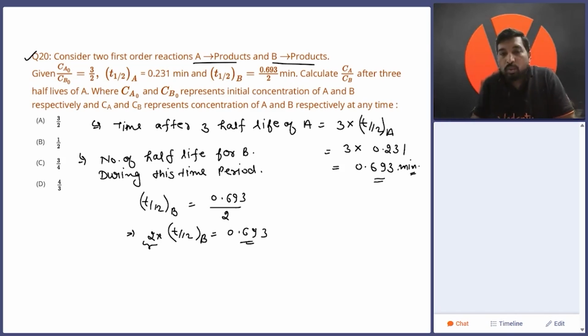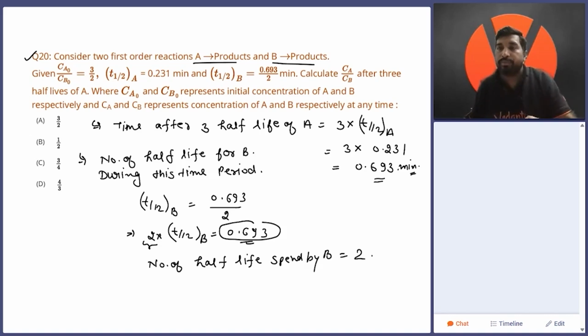So you can see B will spend two half-life during this time period. So number of half-life spent by B is equal to 2.